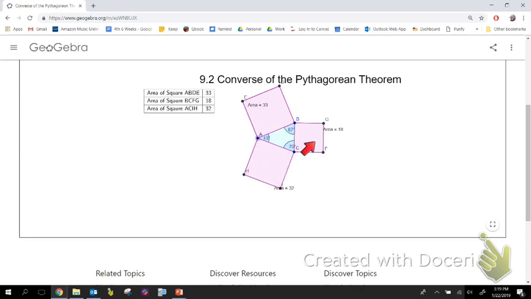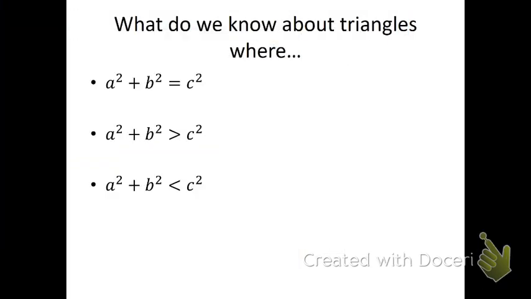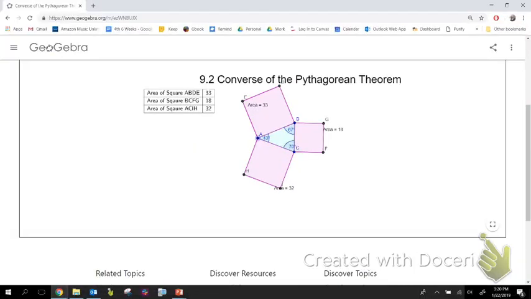By doing that, a squared plus b squared is greater than c squared, because the area off that hypotenuse looks like it's less than the sum of these two areas. So we can assume for this second case that if a squared plus b squared is greater than c squared, that's only going to be true for an acute triangle. And you might already be putting the pieces together. What about if we say a squared plus b squared is less than c squared?